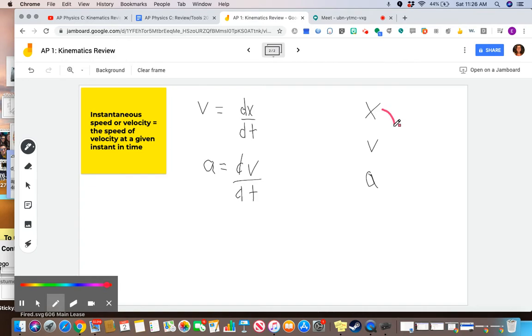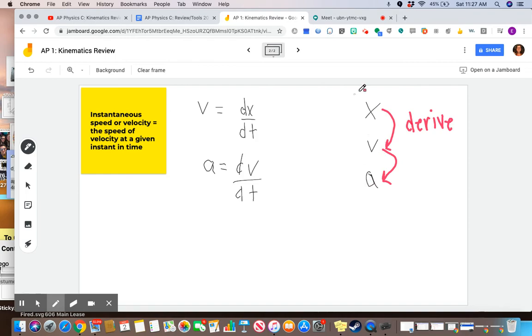If we want to go from position to velocity, we take the derivative. If you want to go from velocity to acceleration, we take the derivative of the velocity function to get acceleration.